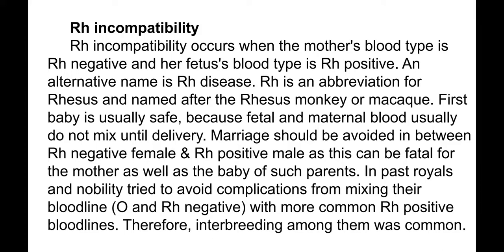This is again a big complication, and in the past people didn't know how to manage it. Now we can suppress the immune system of the mother, so that it will not react to the rhesus positive blood of the child, of the fetus, and the mother will survive.